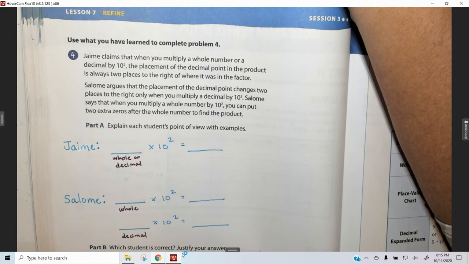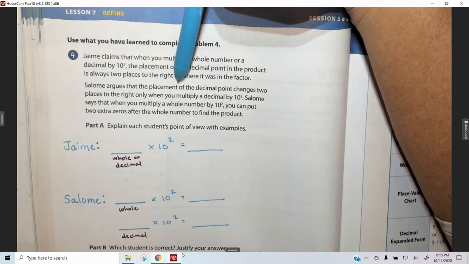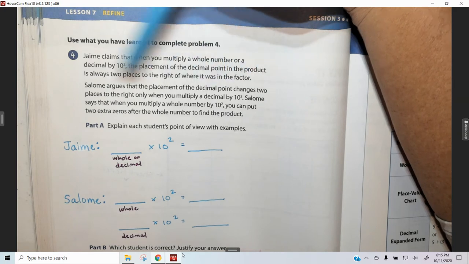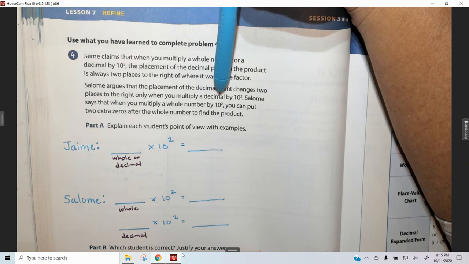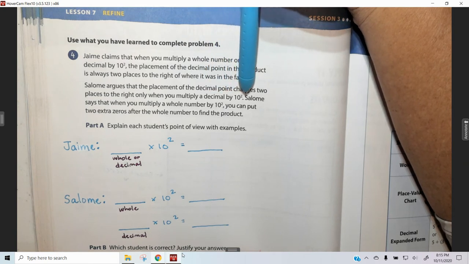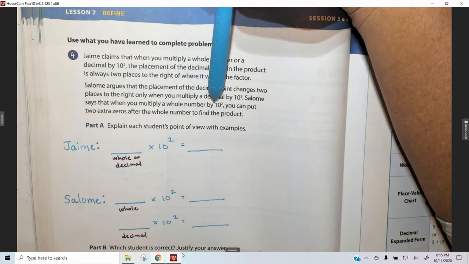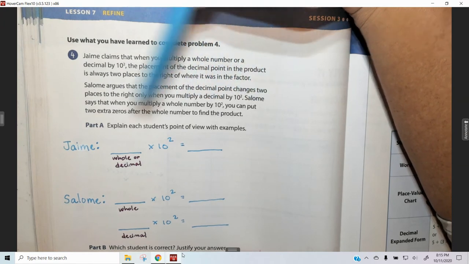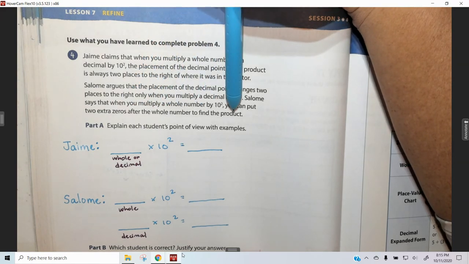Okay, so that's what Jamie thinks. Now, Salome argues that the placement of the decimal point changes 2 places to the right only when you multiply a decimal by 10 to the second power. Salome says that when you multiply a whole number by 10 to the second power, you can put 2 extra zeros after the whole number to find the product.